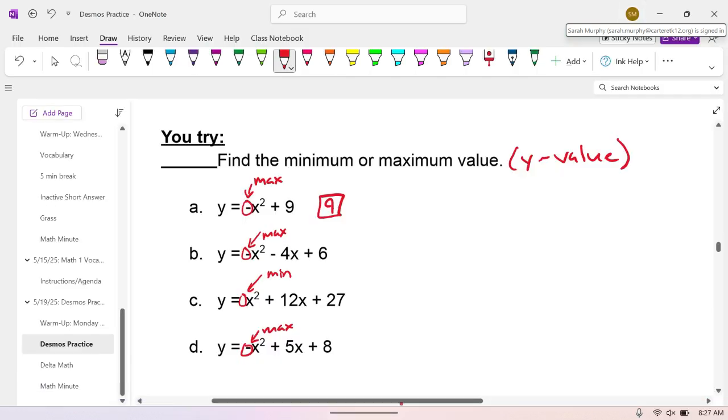Remember, I only want the y value because we're just looking for the minimum or maximum value.